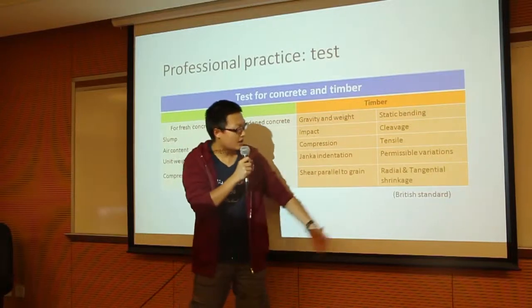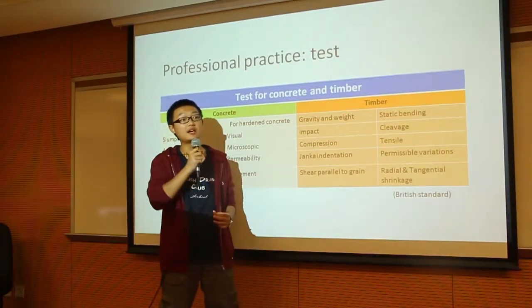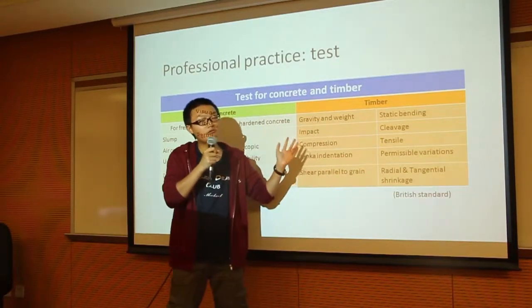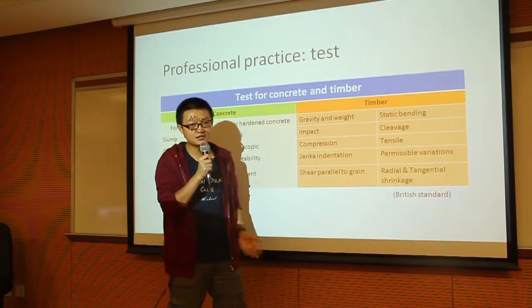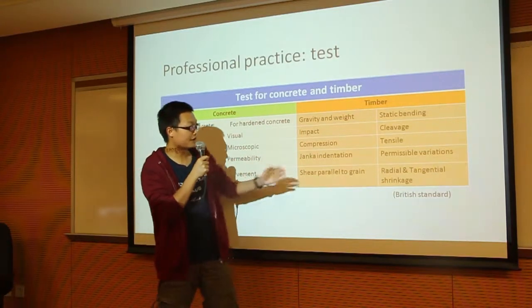Again, this is a British standard, may not suit the Hong Kong situation, but it's very similar. And this may not be 100% accurate, but it shows general information and we can have basic knowledge of the tests of timber.